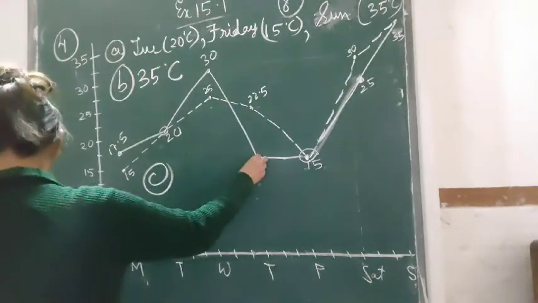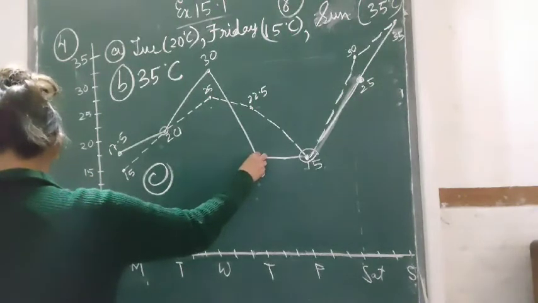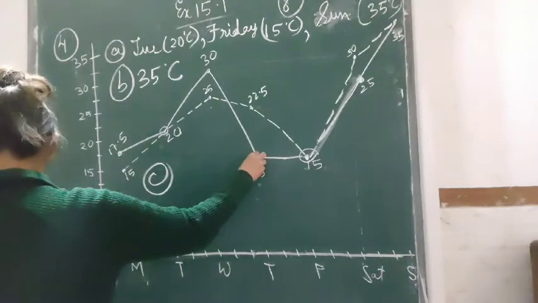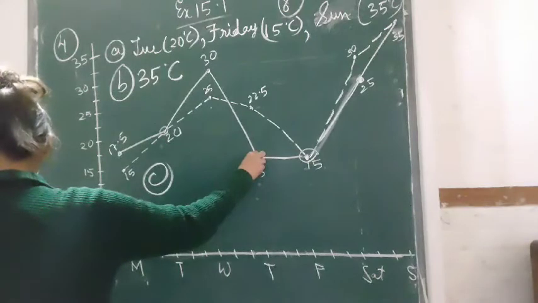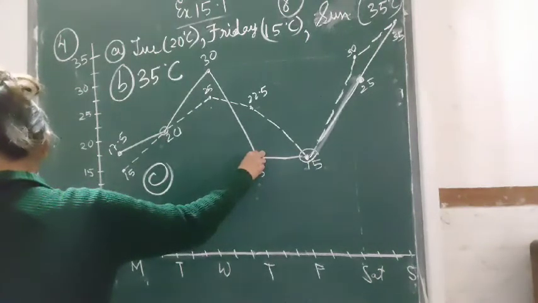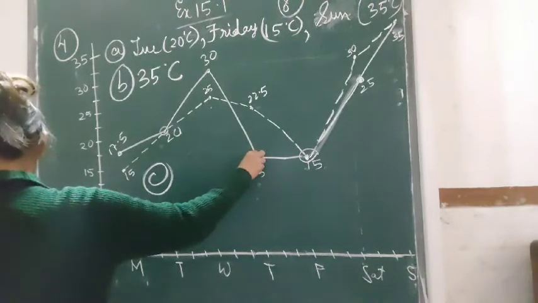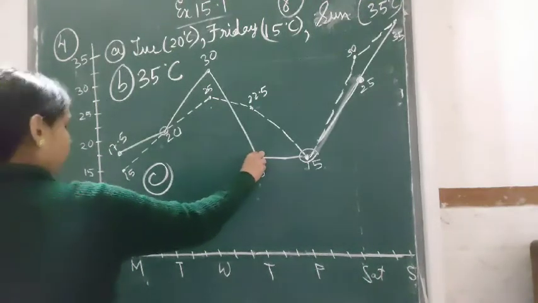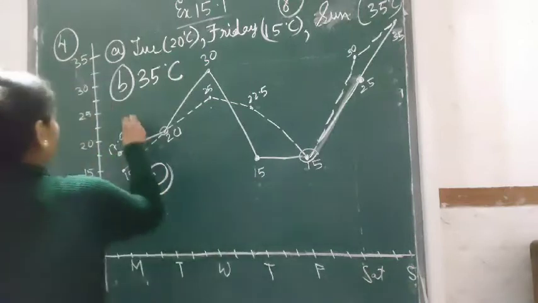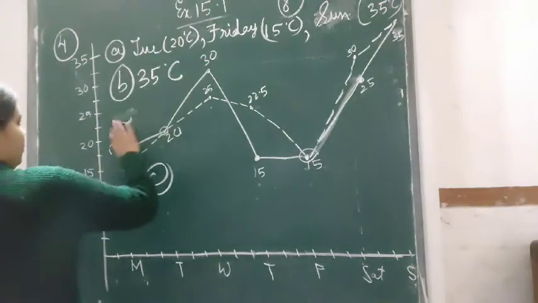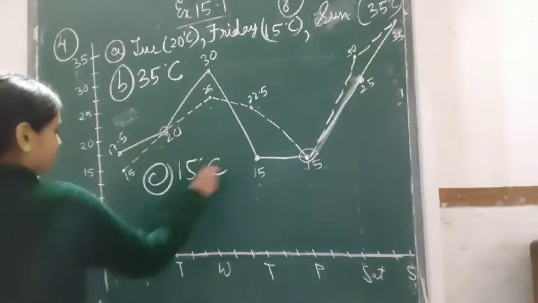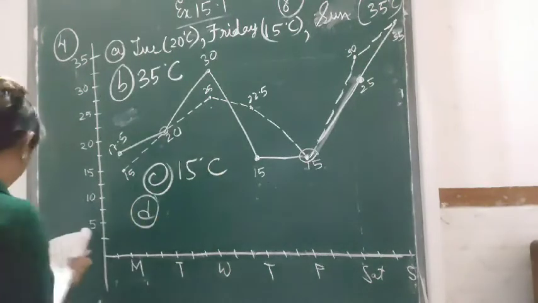Minimum temperature is 15. Why is it written 17? What was the minimum actual temperature during the week? So it is 15 degrees Celsius. Then we go to D.